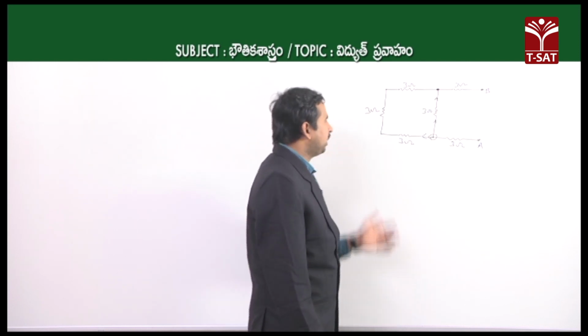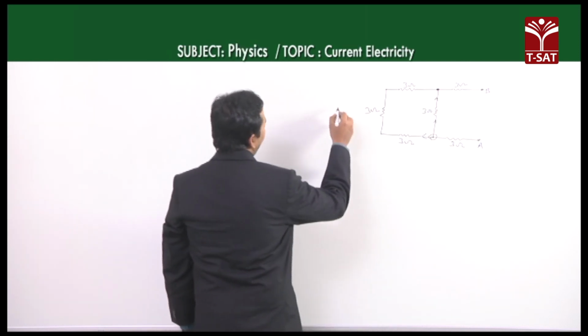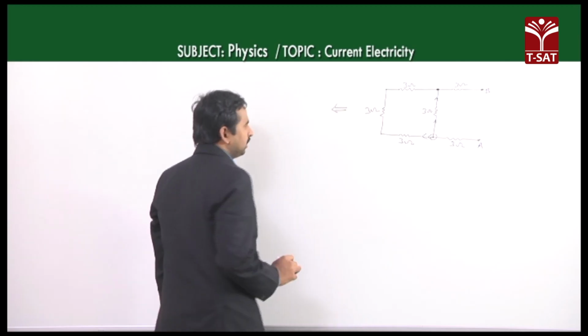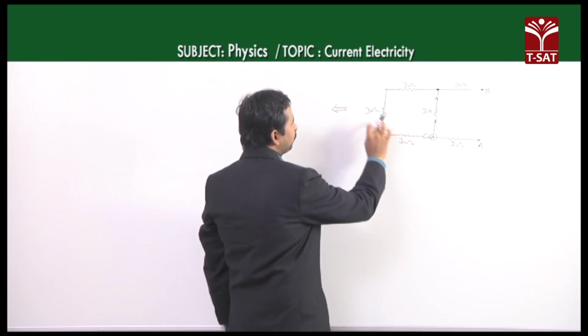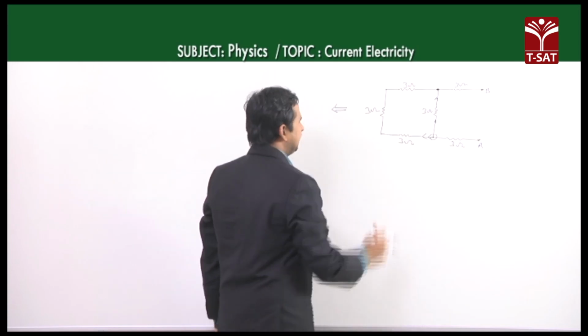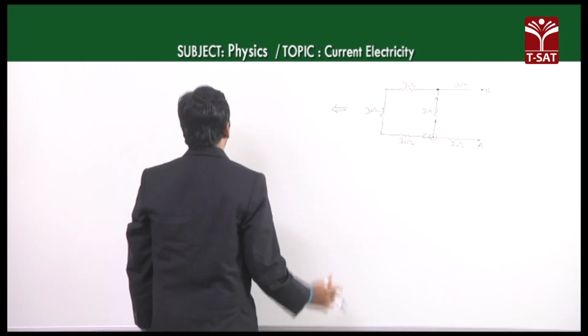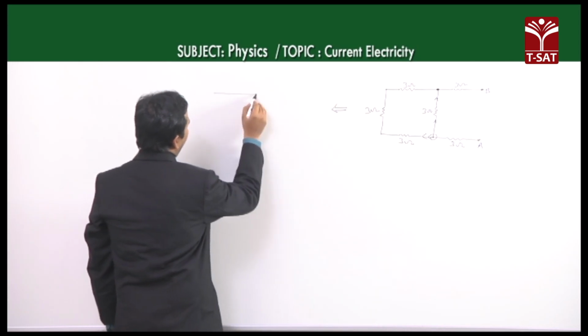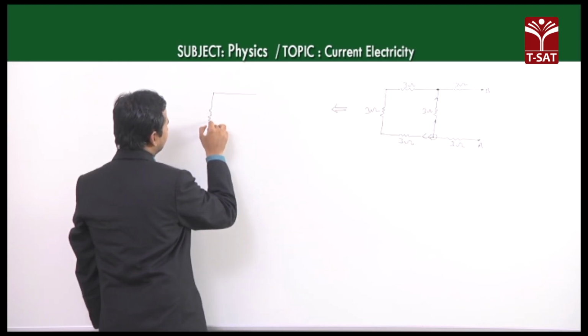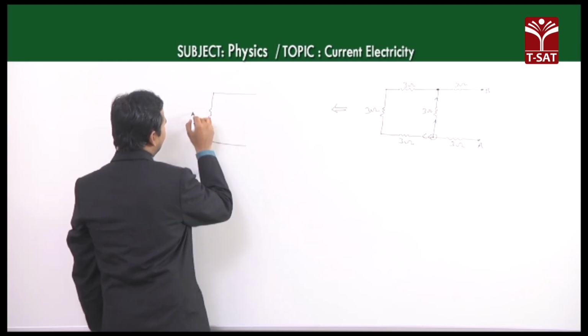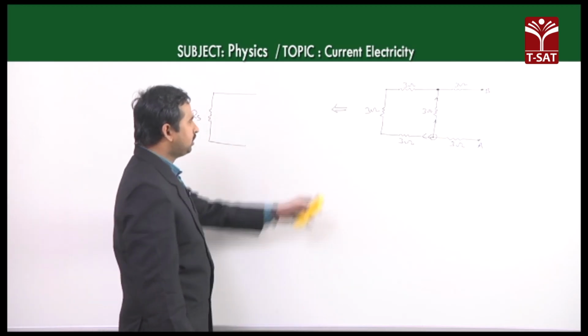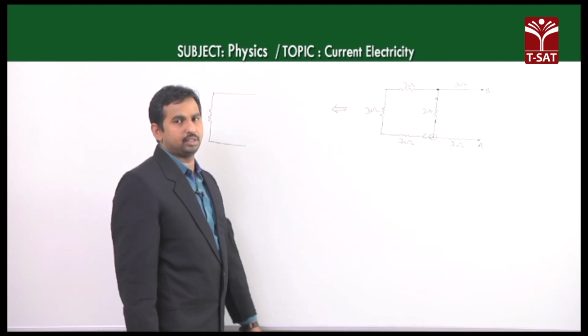So we can break this circuit and take an equivalent circuit like this. As these 3 resistances of 3 ohms are in series, I am making them only one resistor, RS, the series connection part.